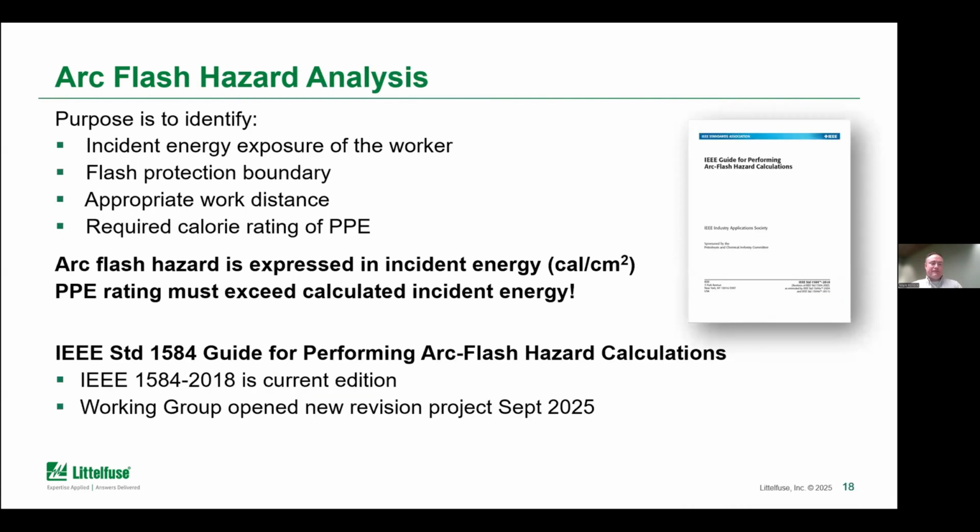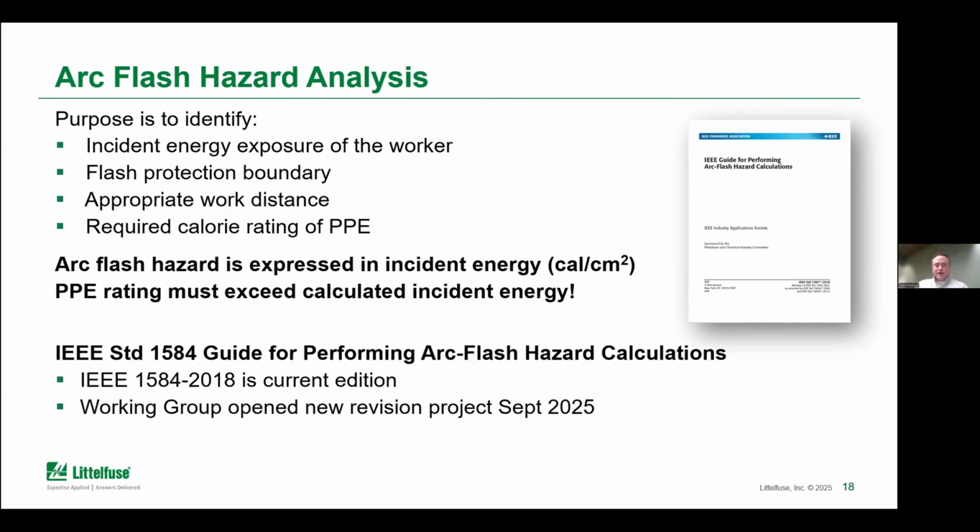So if we want to try to reduce the energy, we need to understand how to calculate what that energy is. And when you do an arc flash hazard analysis, there's lots of service firms out there that can do this kind of work. You really need to understand, you're trying to quantify what is that energy exposure so that they understand the arc flash protection boundary and what PPE needs to be worn.